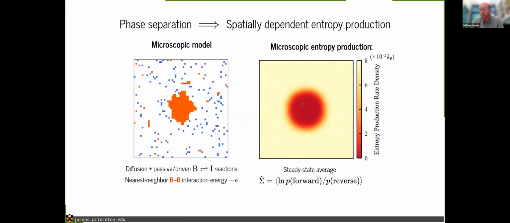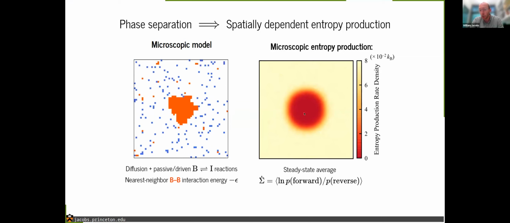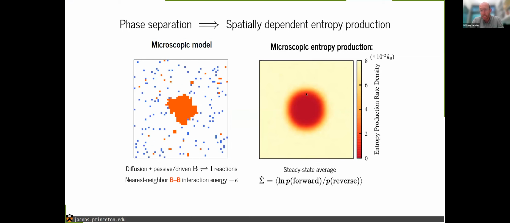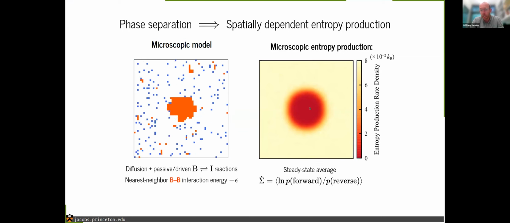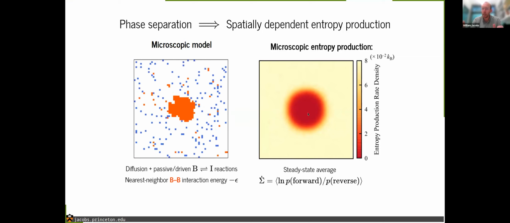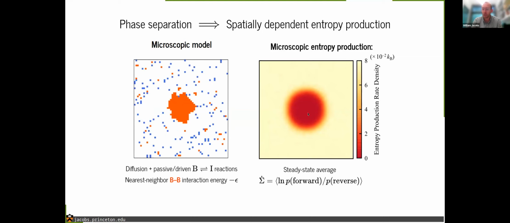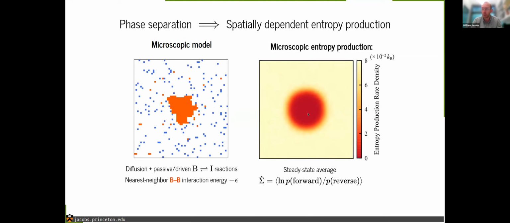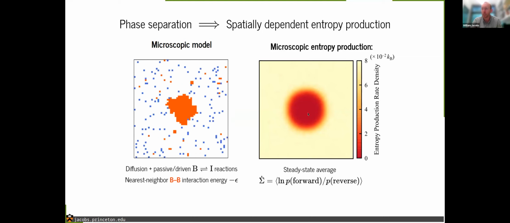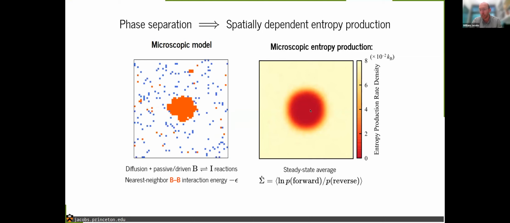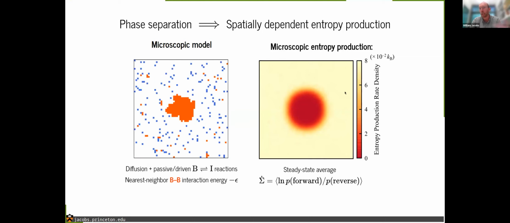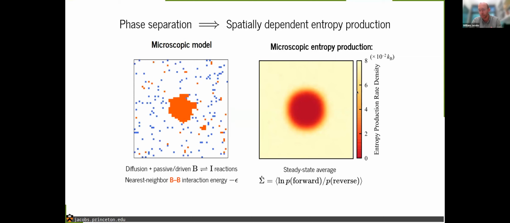In particular, you'll see that the entropy production rate is lower in the condensed phase, right? So this is our droplet here. And that's because these B state molecules have attractive interactions with their nearest neighbors, which suppresses reactions and thus reduces the overall entropy production rate here relative to the dilute phase.